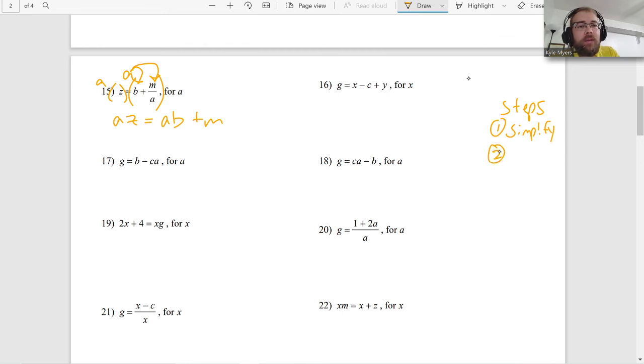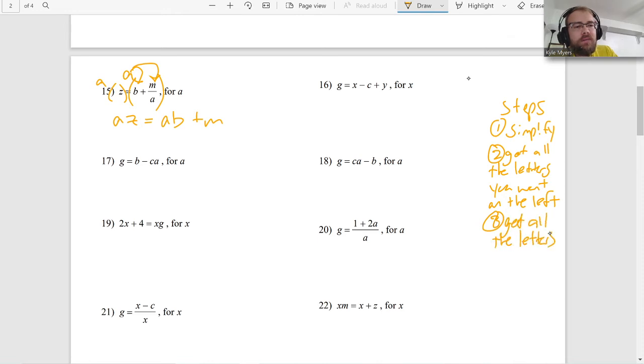And then step two, you want to get all the letters you want on the left. Okay? If it has the letter you want in it, put it on the left. Right? Get all the letters you don't want on the right.